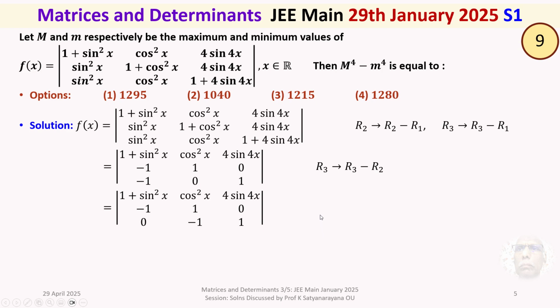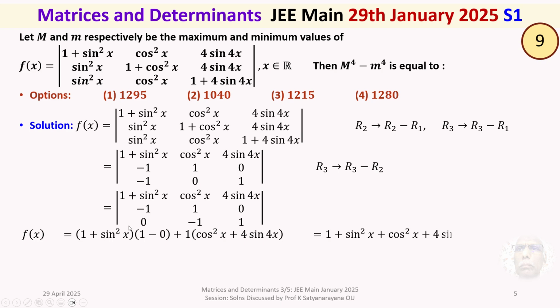Now expand the determinant with the first column: (1 plus sin square x) into (1 minus 0), plus 1 into the minor after deleting that row and column, which is cos square x plus 4 sin 4x. Simplifying, 1 plus sin square x plus cos square x plus 4 sin 4x. Sin square x plus cos square x is 1, 1 plus 1 is 2, so 2 plus 4 sin 4x.